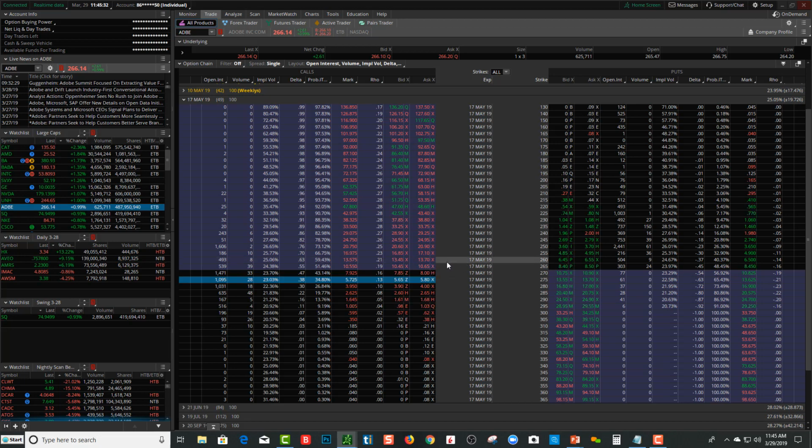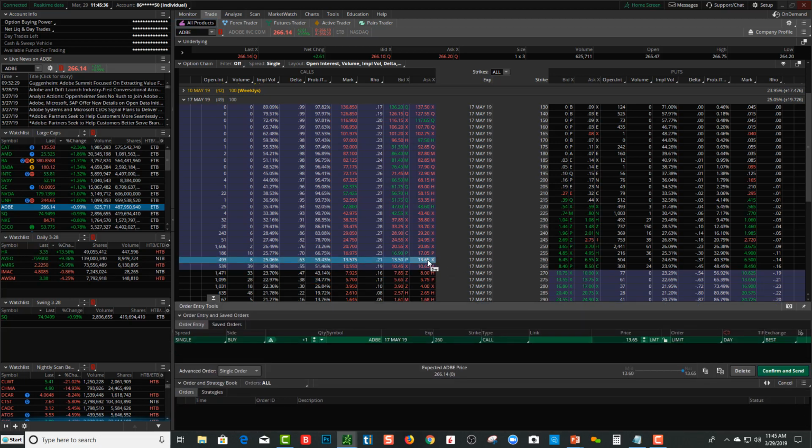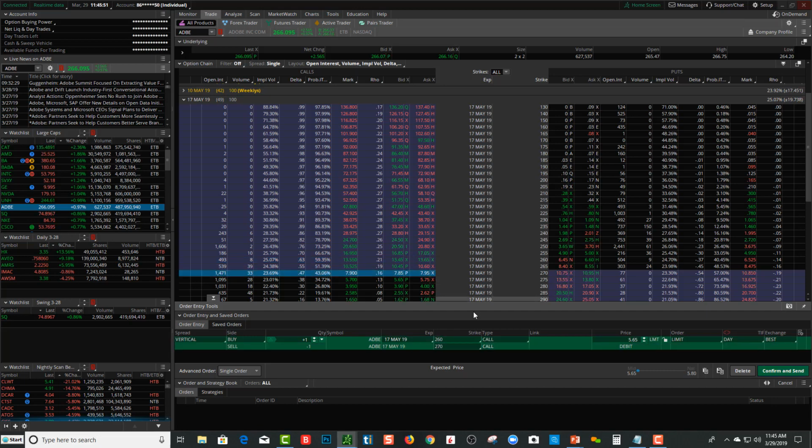So the one we'll use right here, we would buy the 260. I'd click on the 260, then hold down the control key and sell the 270. So I would click on the bid side, hold the control key down, click right over here on the bid side, and you'll see 260 to 270.